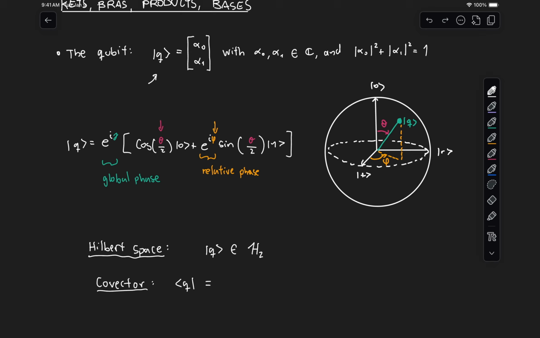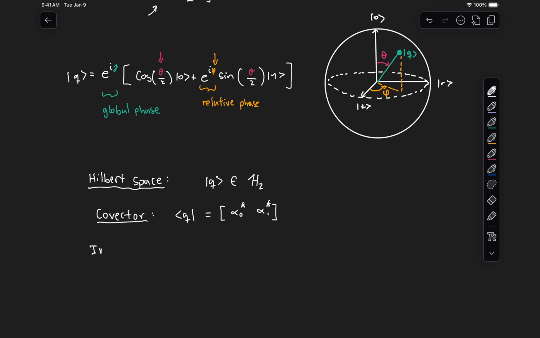But as a reminder, what we said there is that the bra version of our ket is the row vector representation, but in the case of our qubit, we also need to take the complex conjugate of its components. So with this, we can then define the inner product between two state vectors, let's call them x and y, both belonging to the same Hilbert space, as the product of the bra of one of the vectors with the ket of the other vector.